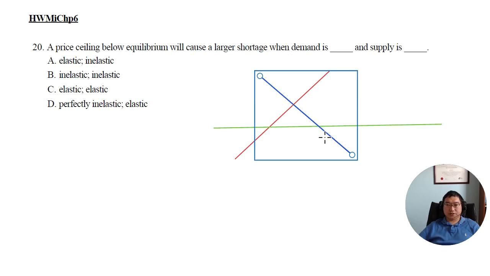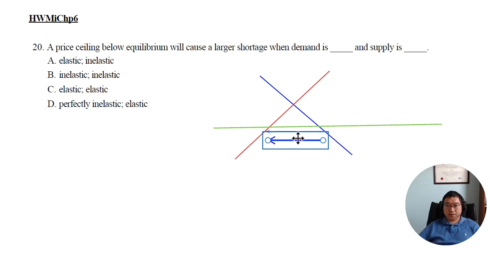I will say this is the demand. It doesn't let me make that drawing. Go again. Okay, so this shortage, this arrow, is the shortage. This is the quantity demanded being higher than the quantity supplied.